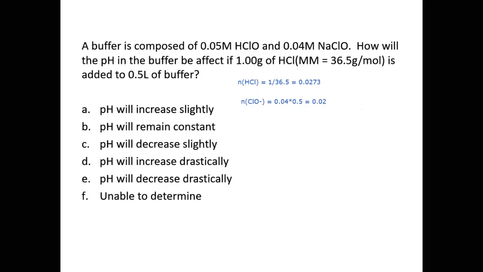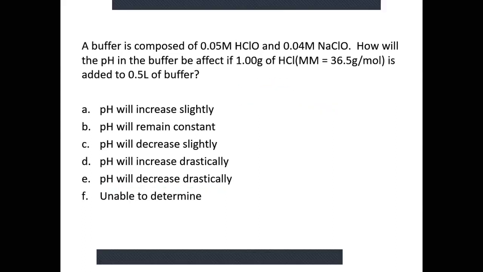So notice that the moles of weak base is less than the moles of strong acid. What this means is that this buffer is going to be destroyed, so the pH would decrease drastically. Because that strong acid is going to consume all the weak base, and then there's going to be some strong acid left over, so that's going to cause the pH to drop drastically. So you've got to look at moles.